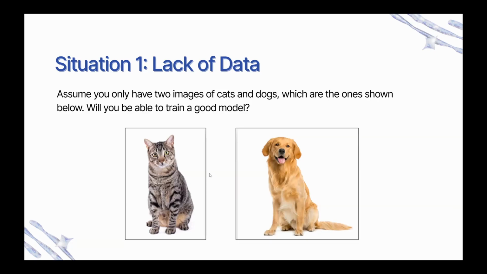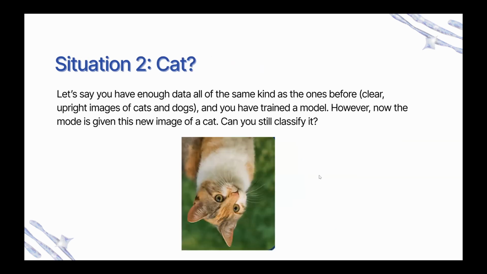You have a cat and a dog who are sort of upright, in the middle of the image. Maybe the background is white, and the orientation is all good and the zoom is all good. You can see all of the cat and all of the dog. Let's say all your data is like this. Let's say you have like 10,000 data like this. So you do have enough data, and you train the model on that.